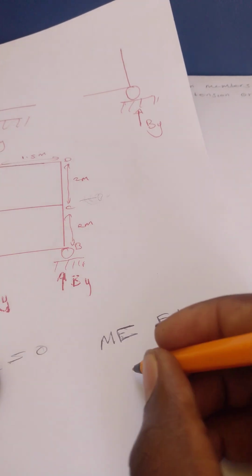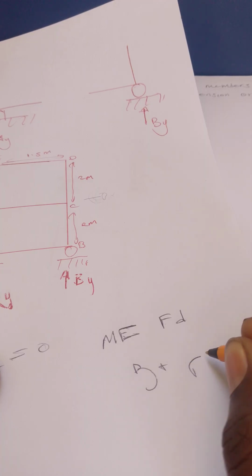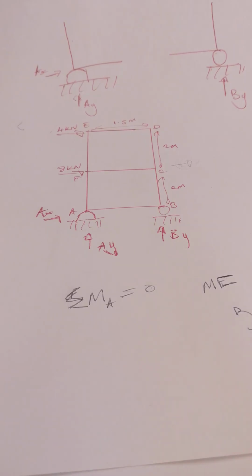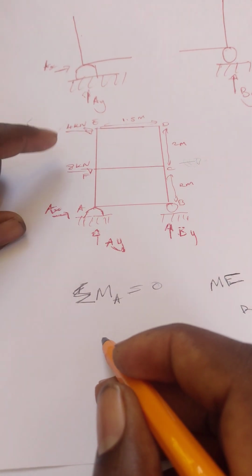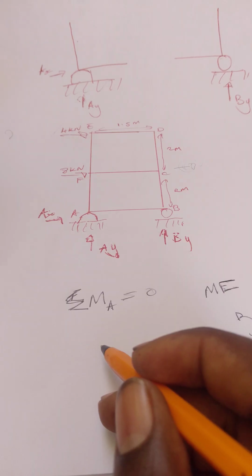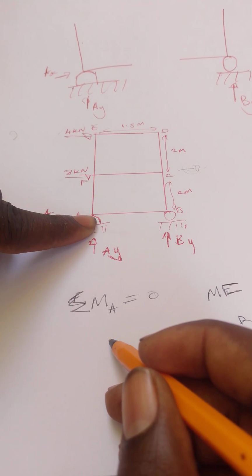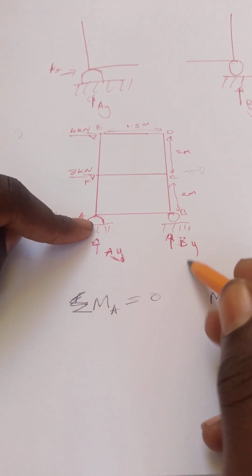You have to know that anti-clockwise is positive and clockwise is negative. When I put my pivot here, we exclude these forces.